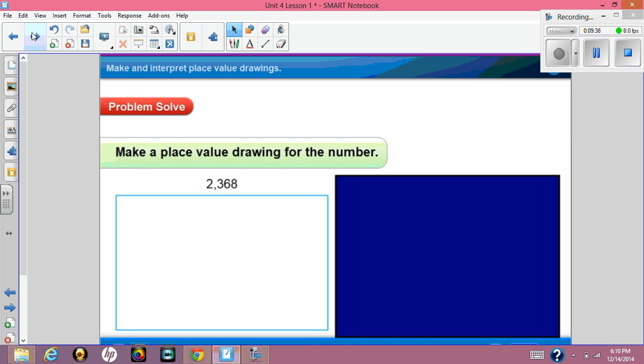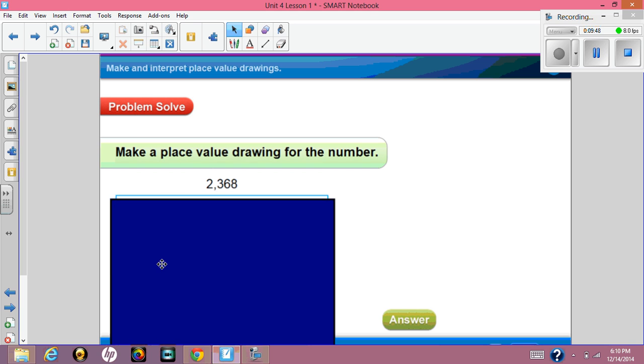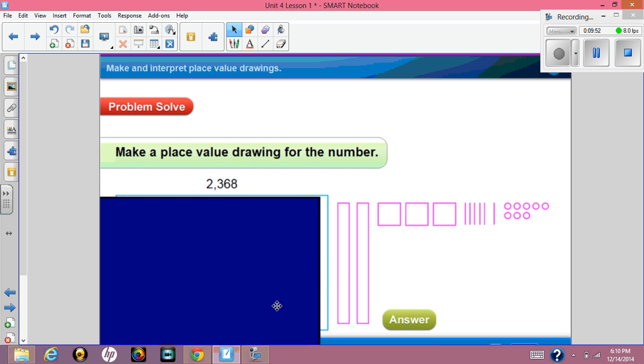1,238. Now let's look at this particular number, 2,368. Let's see if we can come up with a place value drawing for this. Let's pull up this and see if we can break it down. So 2,368: 1,000, 2,000 are 1,000 bars.